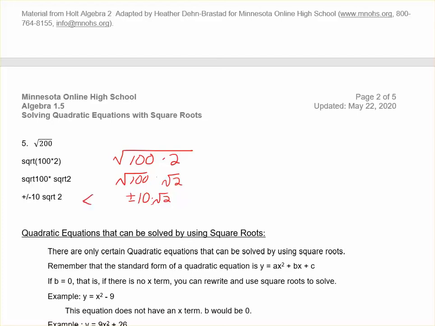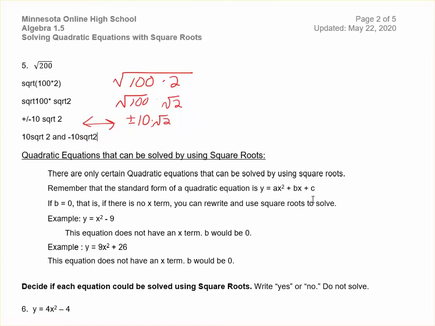So these are both the same answer, just one's typed and one is written out. Either one is fine. But do make sure that you write a plus or minus. If you want to do it in 2 steps, like say 10 square root 2 and negative 10 square root 2, that's another way of doing this. Either of those would be a good way to write it.